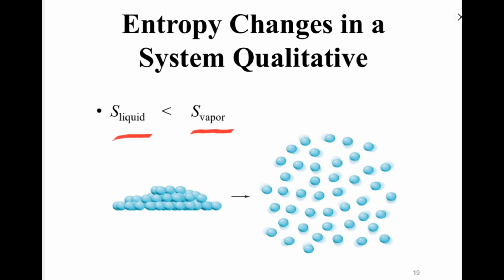Alright, so in this slide we'll compare the entropy changes in liquid and vapor. So as you would expect, vapor or gas form has higher entropy than liquid. Why?